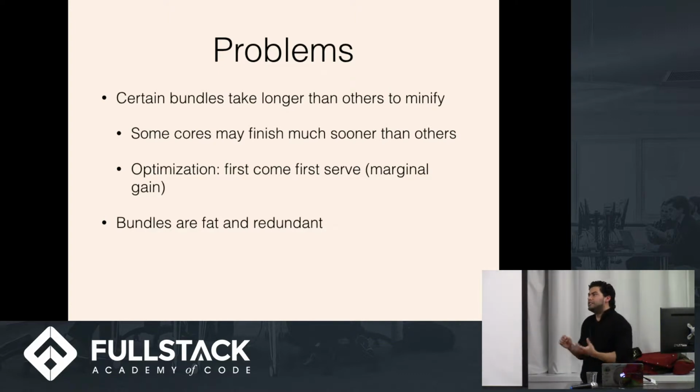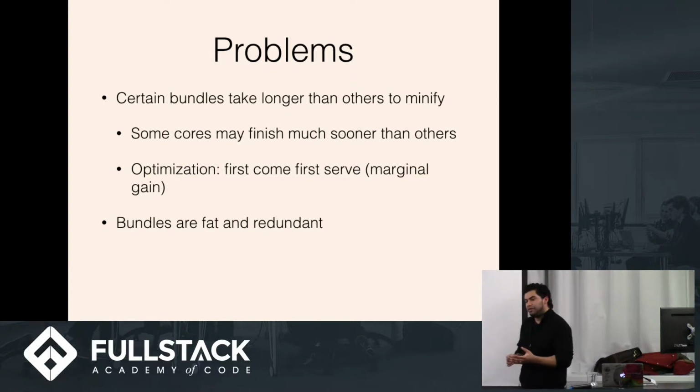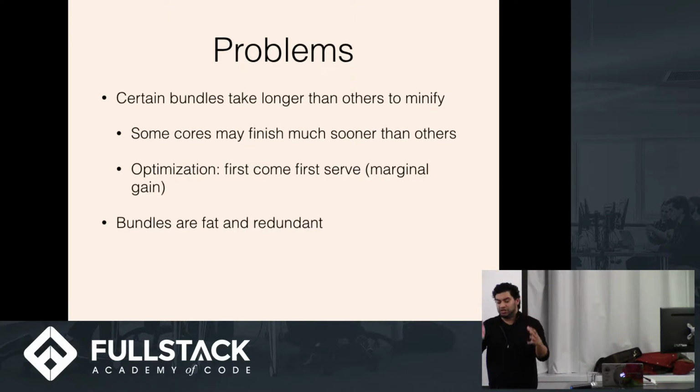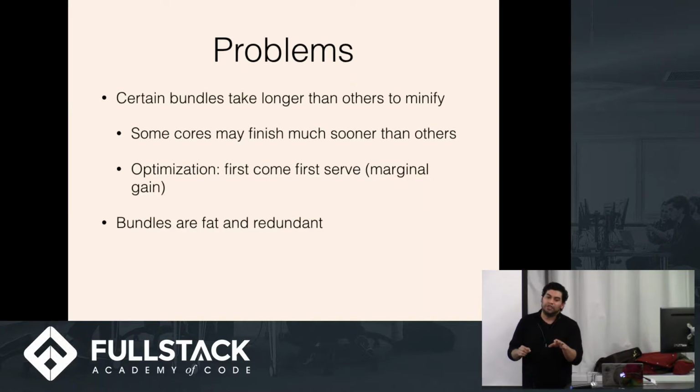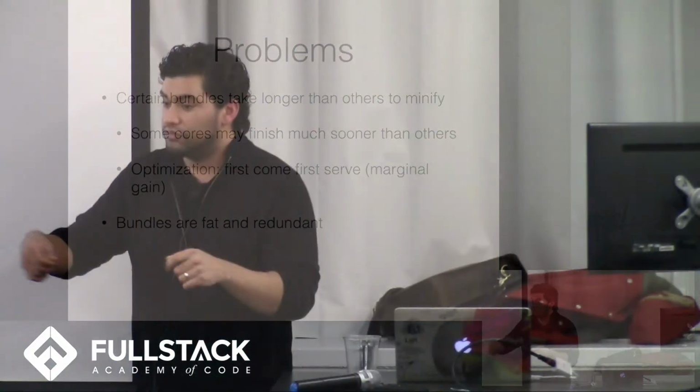One optimization that we could come up with that would alleviate this unfairness is to say, well, maybe I don't just distribute that 75 into chunks of 4. Here's what I'll do. I'll let you tell me when you're done, and I'll give you more work. So I'll start you off with maybe 1 or 2 bundles, let you do what you need to do, and I'll do that for every single core. You take 2 bundles, you take 2, you take 2. Oh, you're done?